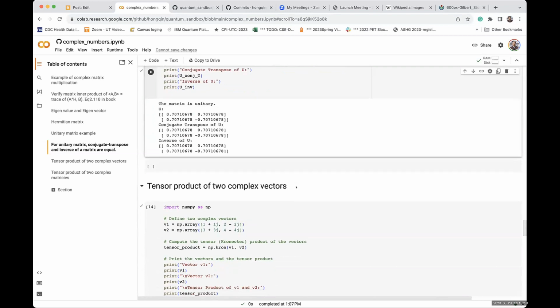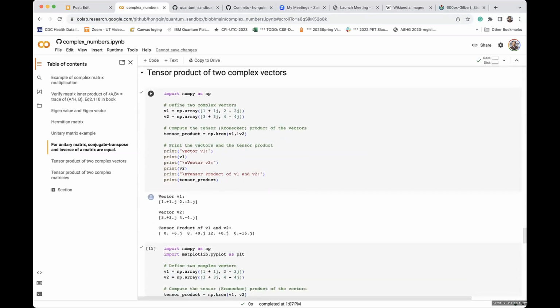The definition of the tensor product was as a quantum product. We can use this example to illustrate this. So we have two vectors V1, V2. The tensor product is something called, I forgot how to pronounce it, the Kronecker product.